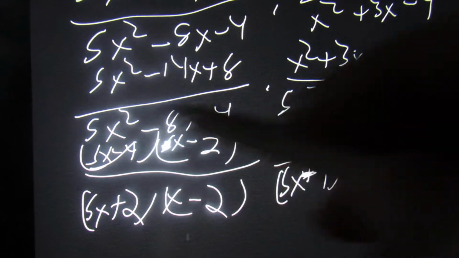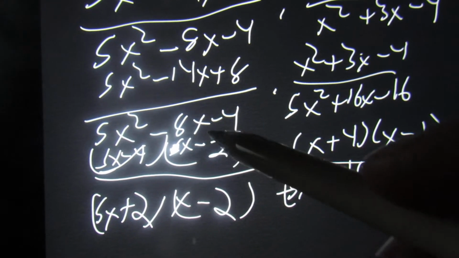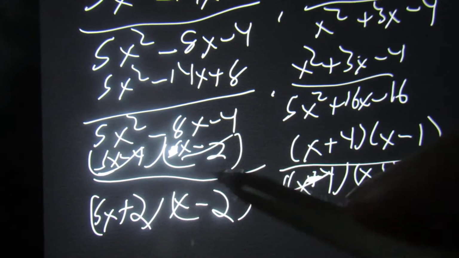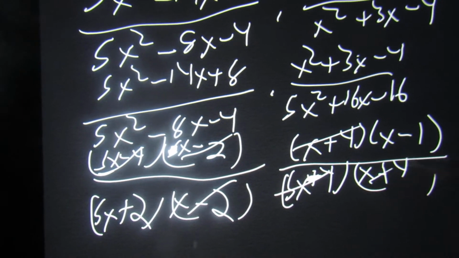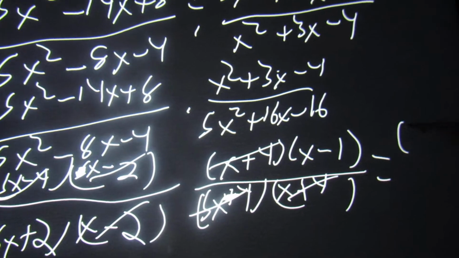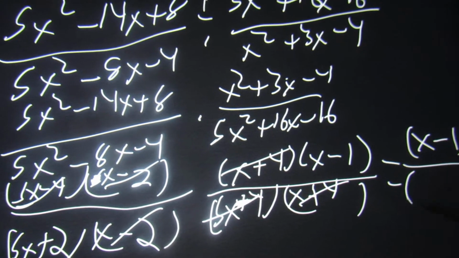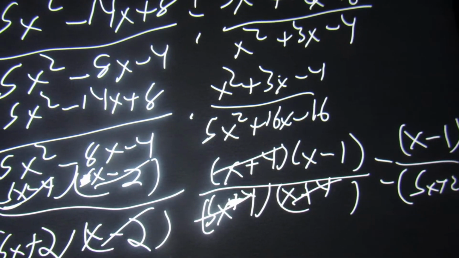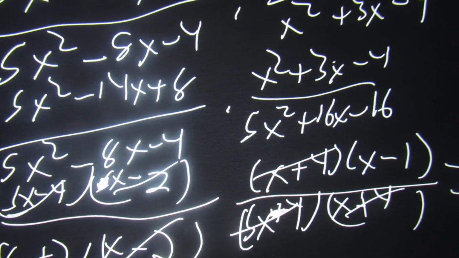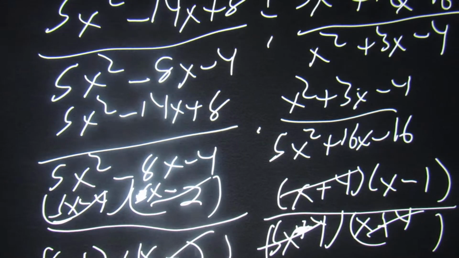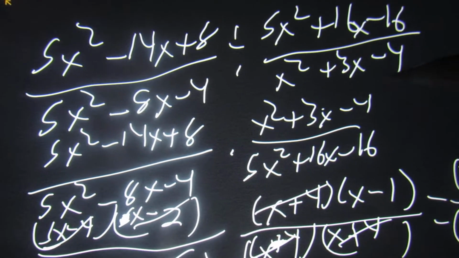So 5x minus 4, 5x minus 4. We have an x minus 2, x minus 2. We have an x plus 4, x plus 4. So we're left with x minus 1 over 5x plus 2.